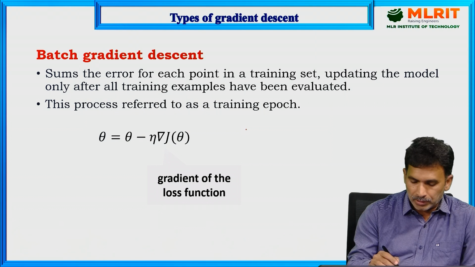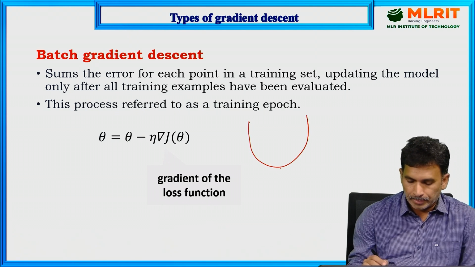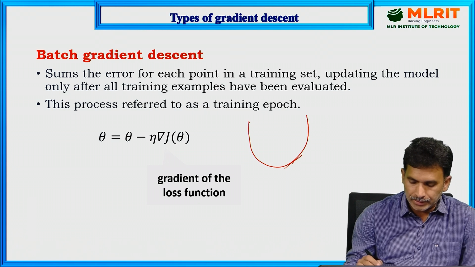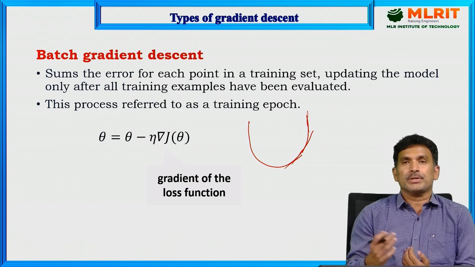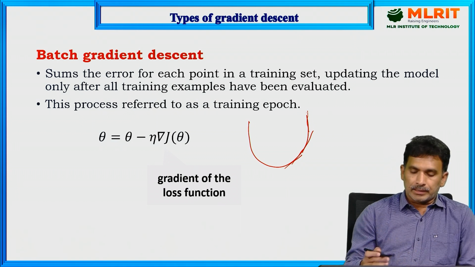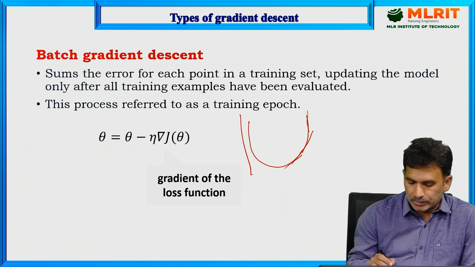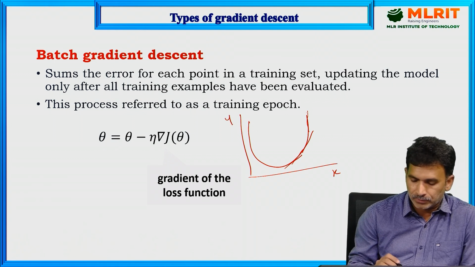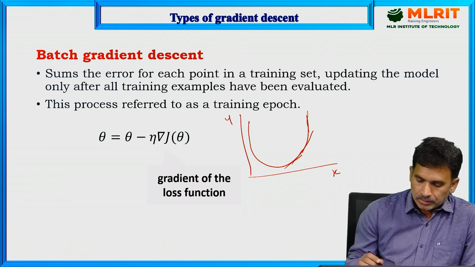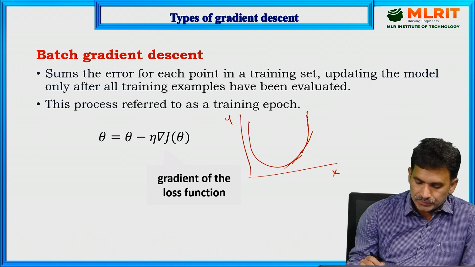For example, if you take this curve, the gradient at this point, and at this point, keeps changing. Suppose you plot this on a two-dimensional space where x and y are the variables; the rate of change is calculated with respect to x and y.